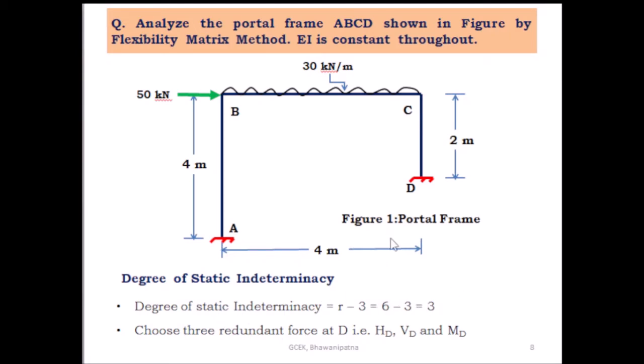From the definition and the procedure, you know the degree of static indeterminacy is equal to the number of redundant forces.